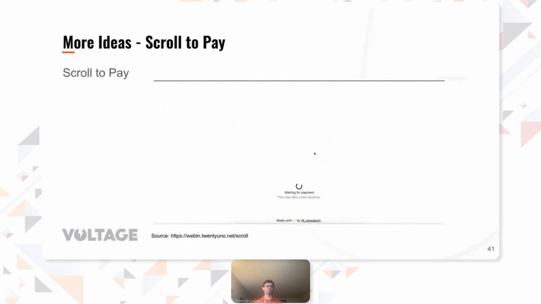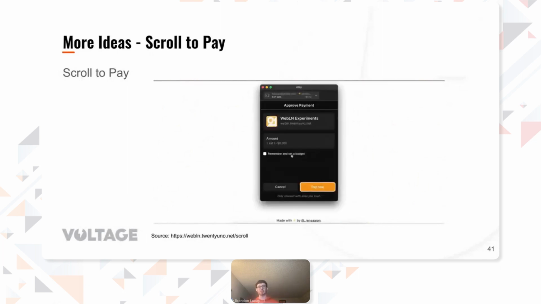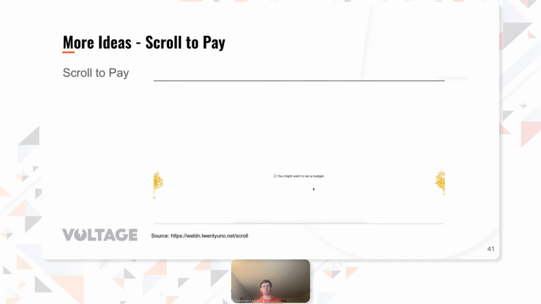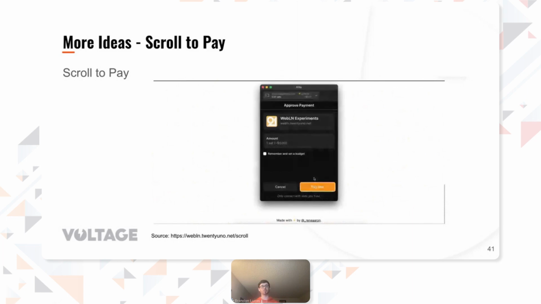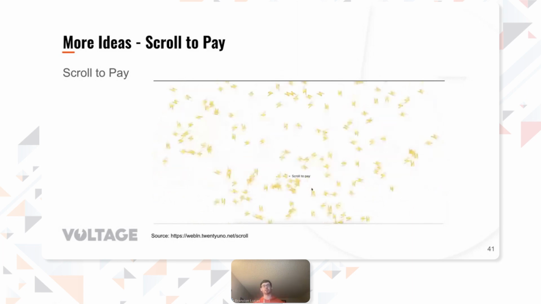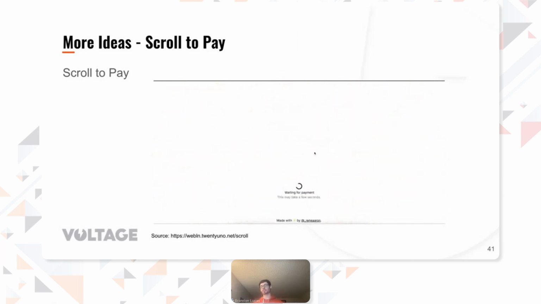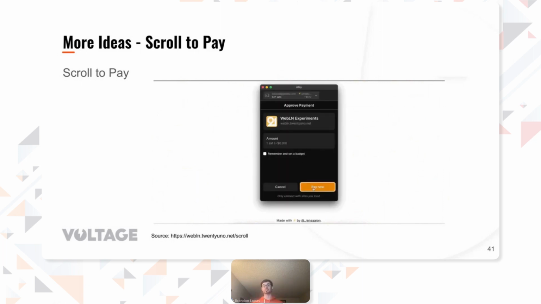So one idea is scroll to pay. This is an interesting website that demos a lot of webLN capabilities, but one of them is scroll to pay, where instead of a paywall saying, "Hey, subscribe for this content," you can just scroll and pay as you go.